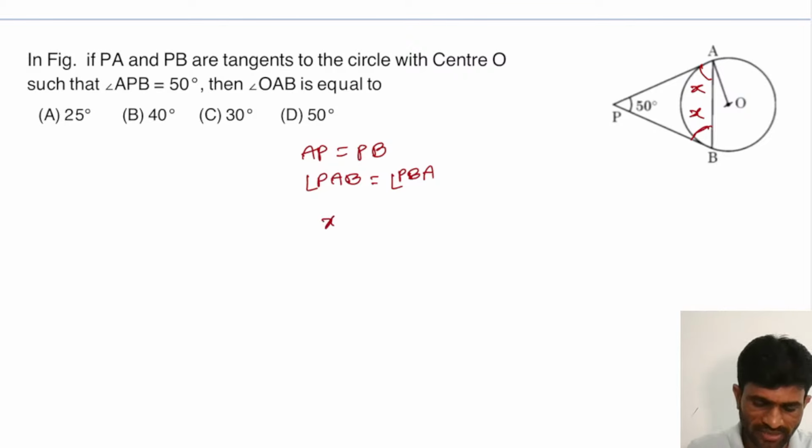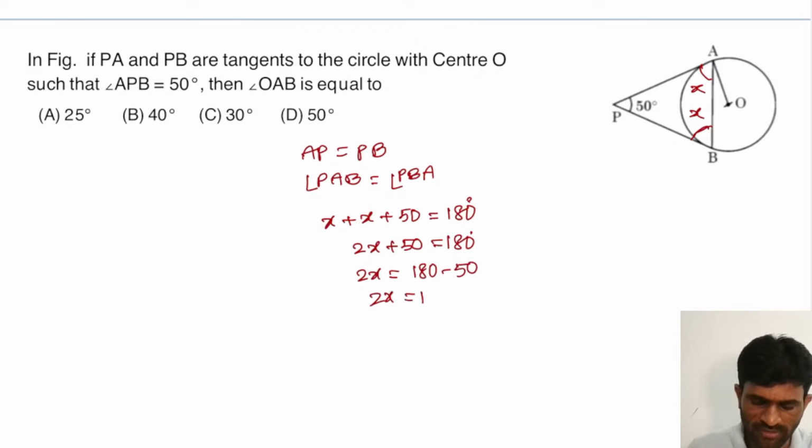So we get 2x plus 50 is equal to 180. Then 2x is equal to 180 minus 50, so 2x is equal to 130. So x is equal to 65 degrees.